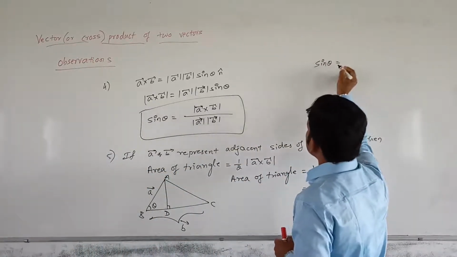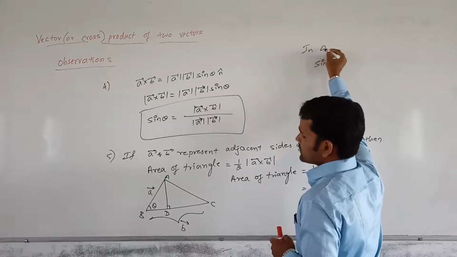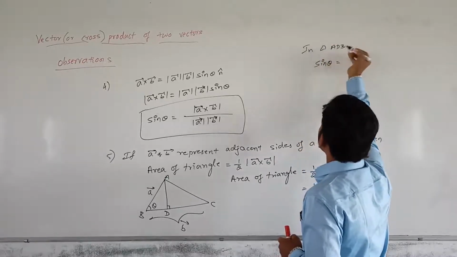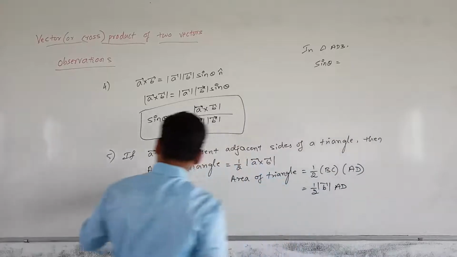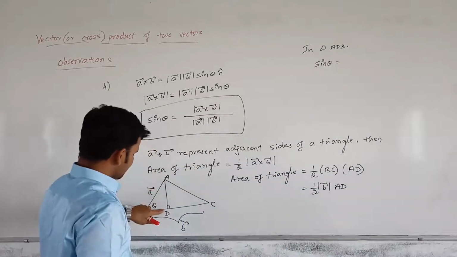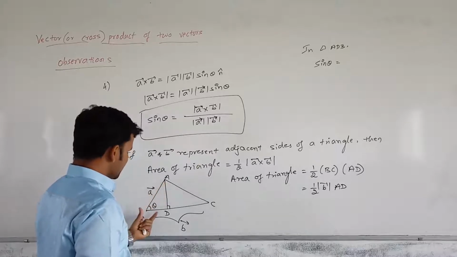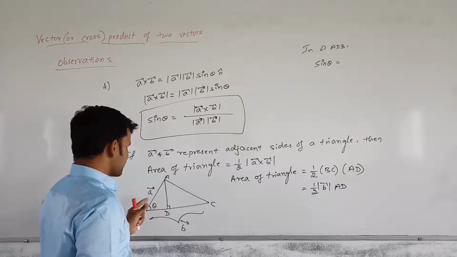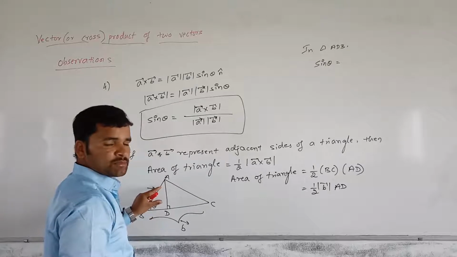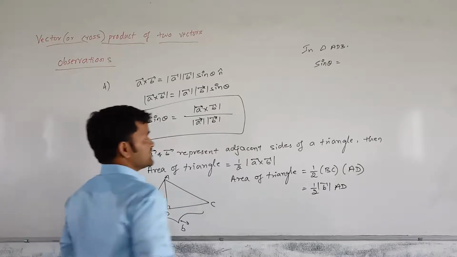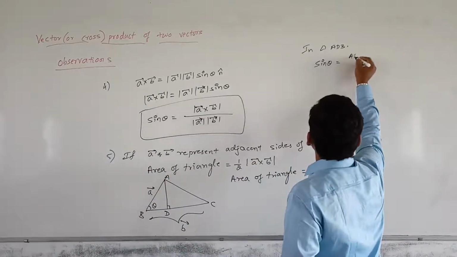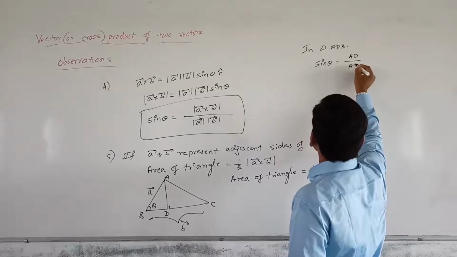Sin theta is equal to, in triangle ADB, AB is the hypotenuse because this is 90 degrees, and here is the acute angle theta. AD will be the opposite side, BD will be the adjacent side. Sin theta is equal to opposite side by hypotenuse. This is AD by the hypotenuse AB.